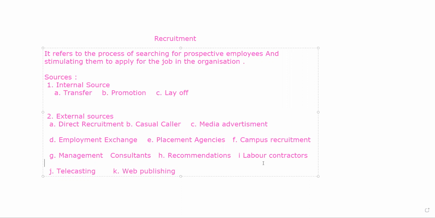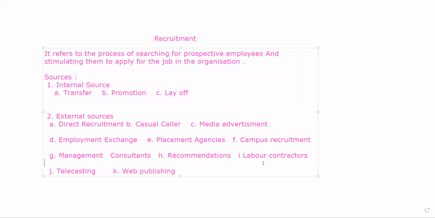A column is there where the vacancy that has been generated is given along with the requirements: what should be the eligibility, what should be the experience, and what remuneration will be provided to the person. In this way, when the complete detail is given through the media, then it is known as media advertising.